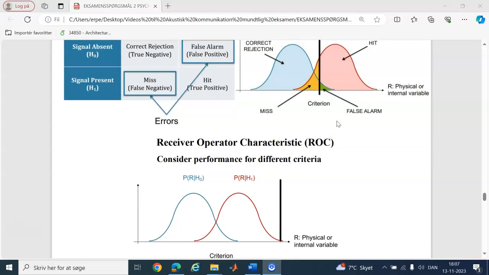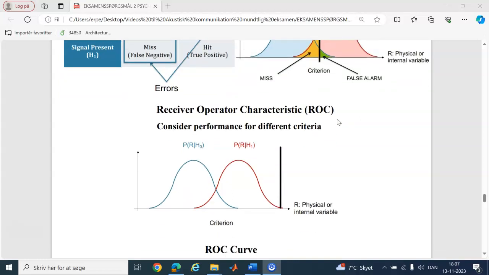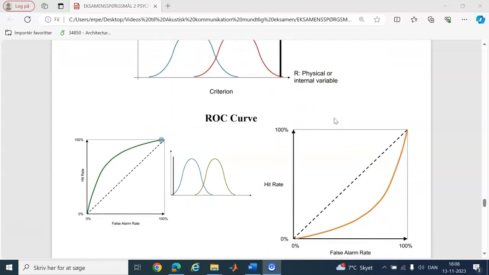Consider receiver operator characteristics, ROC. Consider performance for different criteria. We have those two Gauss curves, which have the same form as a normal distribution, P(R|H0) and P(R|H1), and we have the physical or internal variable.